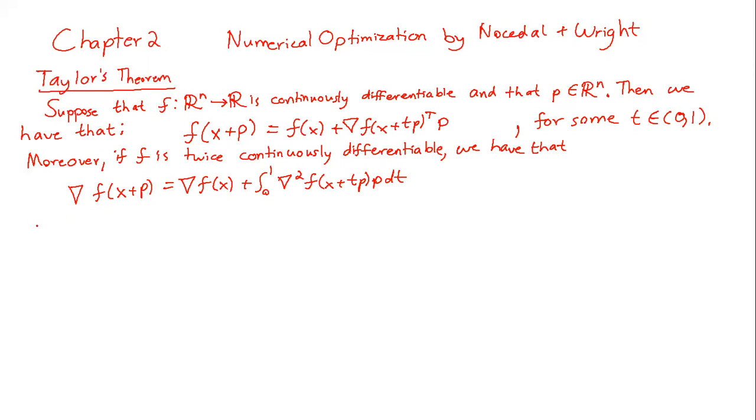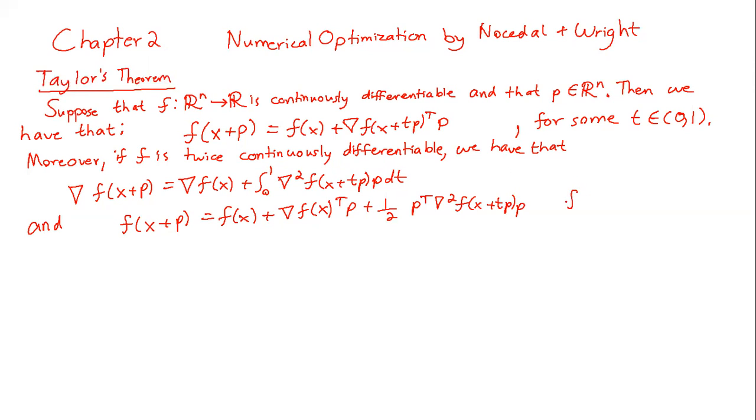And one more, also that f of (x plus p) equals f of x plus del f of x transpose p plus 1/2 p transpose del squared f of (x plus tp) p for some t contained in, again, (0,1) open. Same note from the last one, that I wrote it closed on the slides, but I tried to make the note that it should be open. Here you see it open.